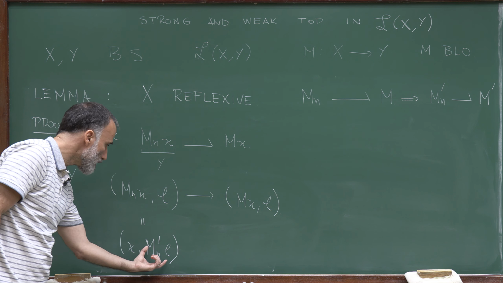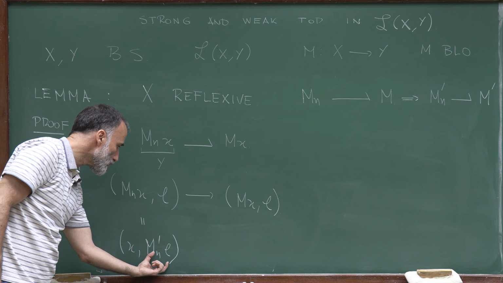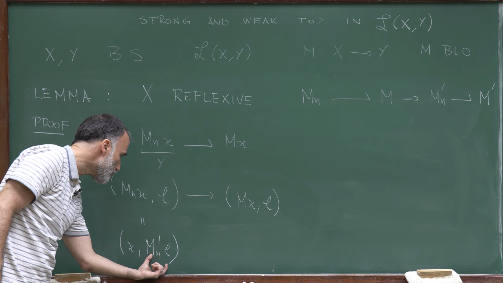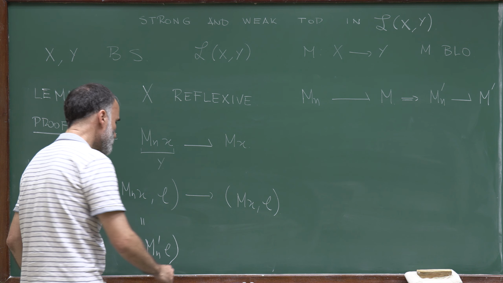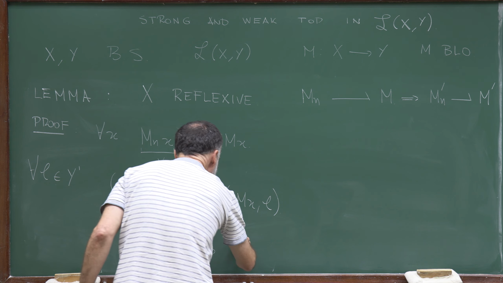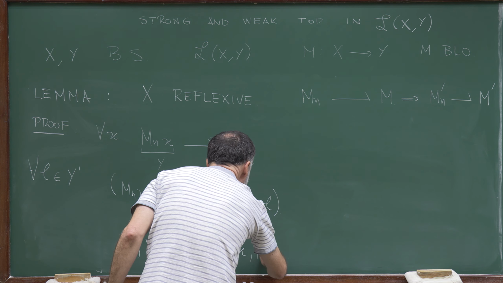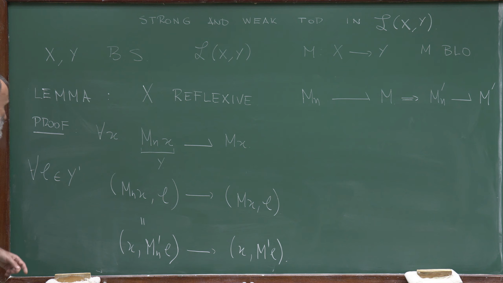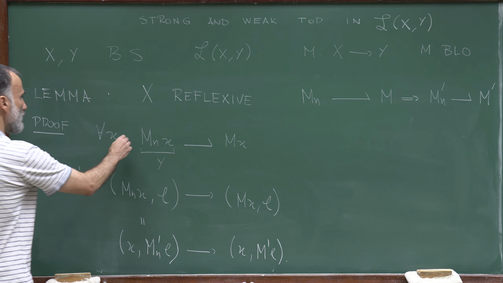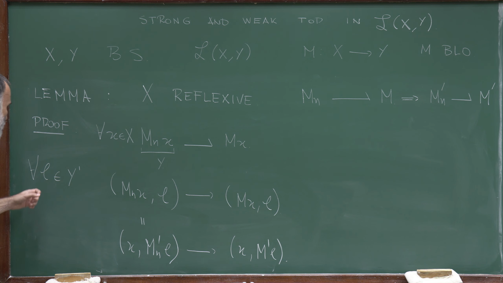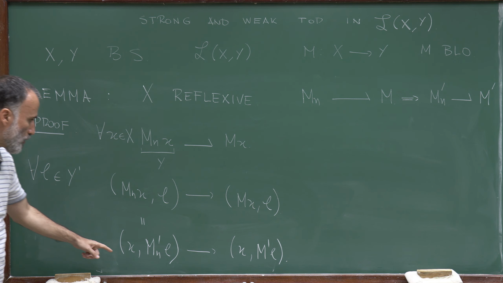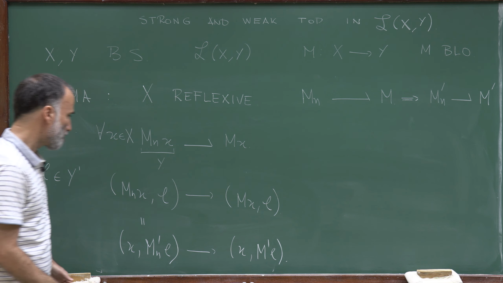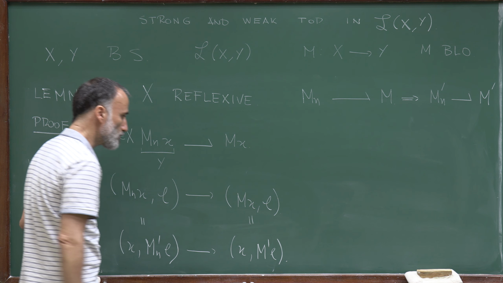Now we have here a bounded linear functional defined on X. So this is an element of X prime, and this is applied to x. And this is converging to x M prime L. So we know from the assumptions that for all x in X and for all L in Y prime, we have this convergence, because this expression is equal to that one.